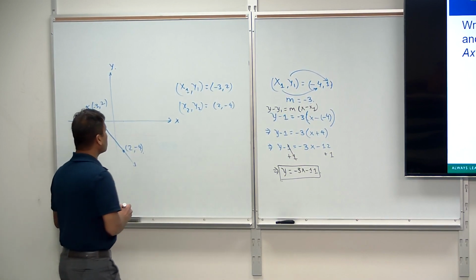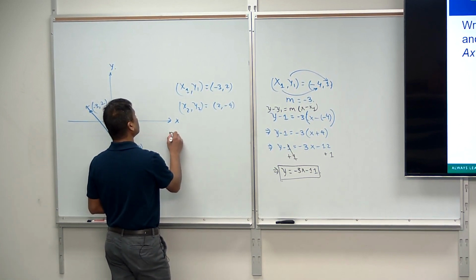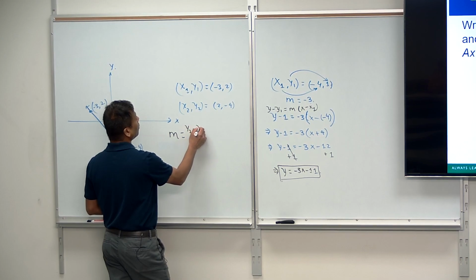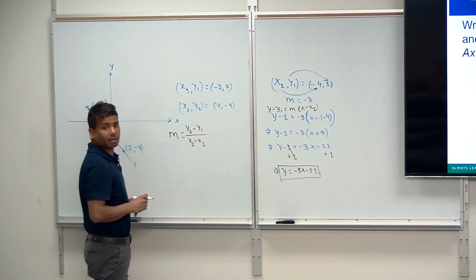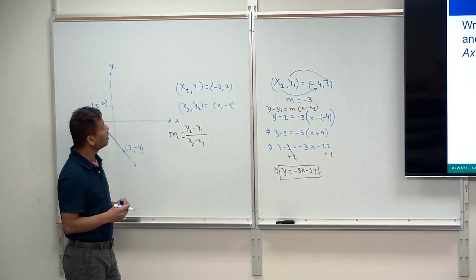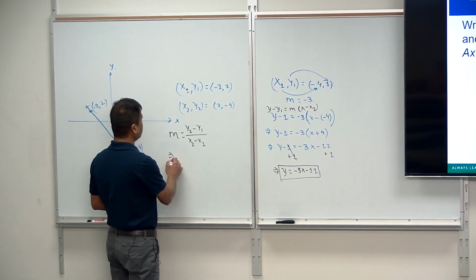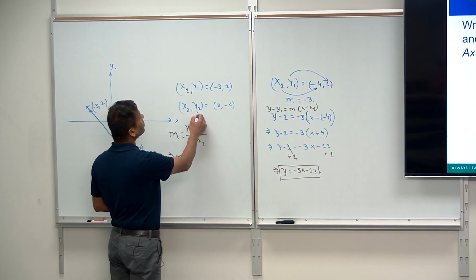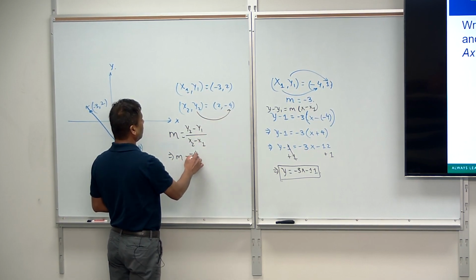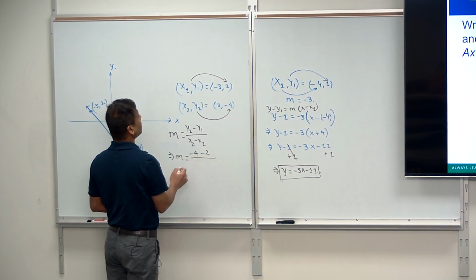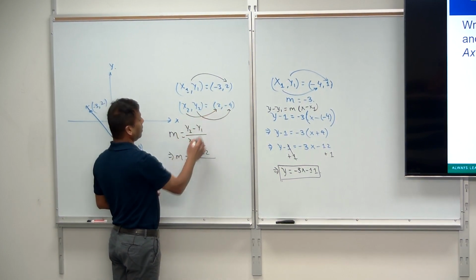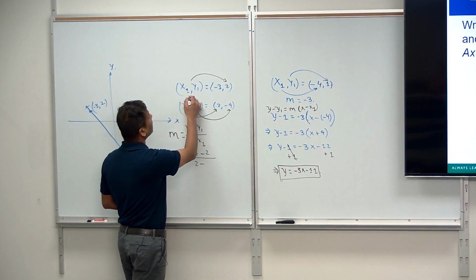You know that slope is equal to y2 minus y1 over x2 minus x1. So what is your y2? Negative 4 minus y1, which is 2, over x2, which is 2, minus x1.